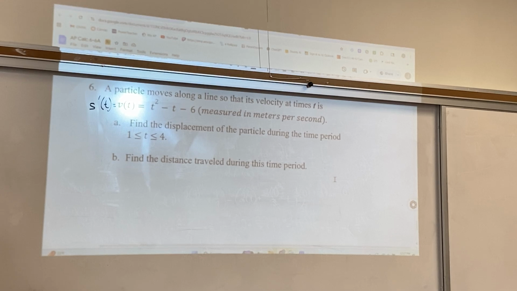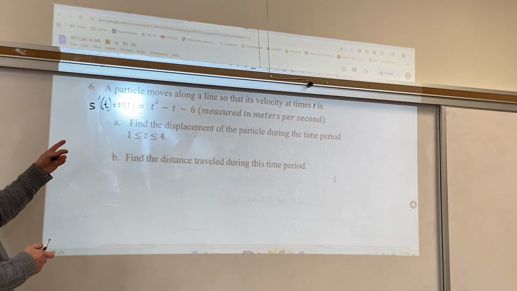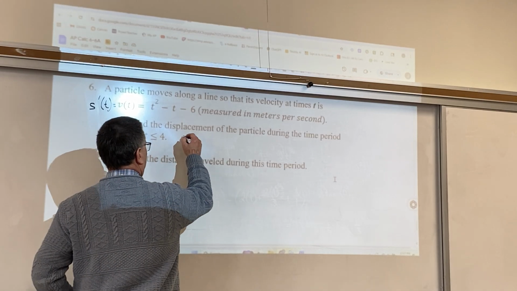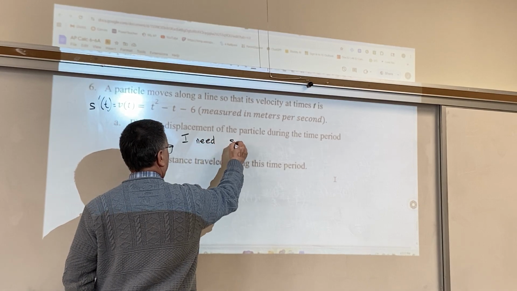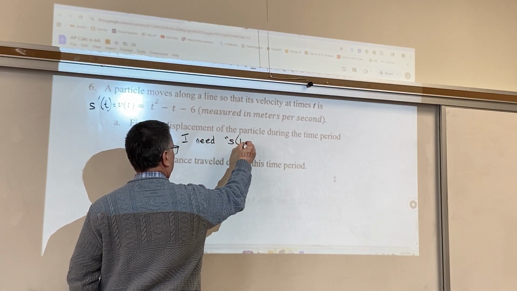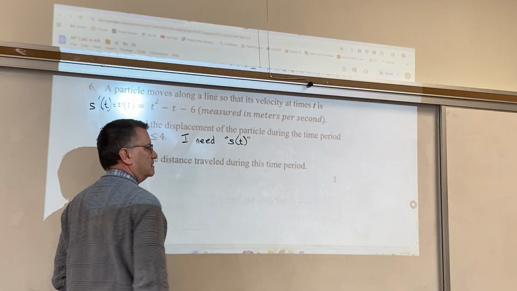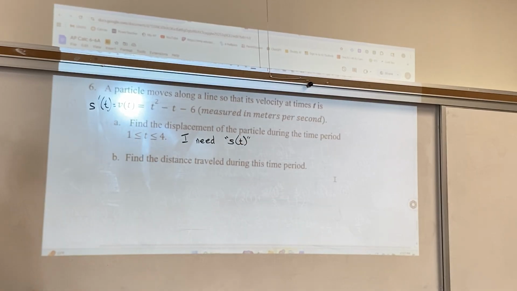What am I going to need? Displacement. That means it's movement. Antiderivative of velocity. Yeah, I'm going to need that for displacement.